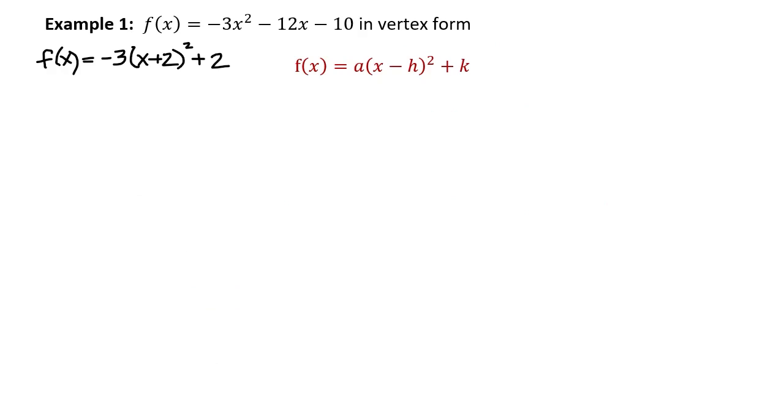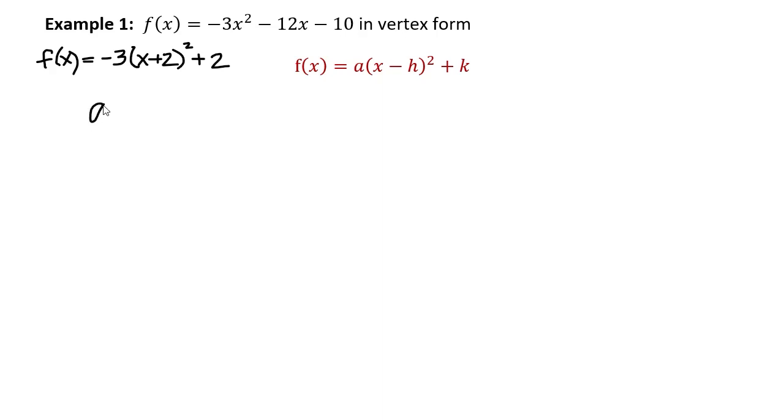So the parabola in standard form, the quadratic in standard form, is f of x equals minus 3x squared minus 12x minus 10. And in vertex form, it's f of x equals minus 3 times the quantity (x plus 2) squared plus 2.